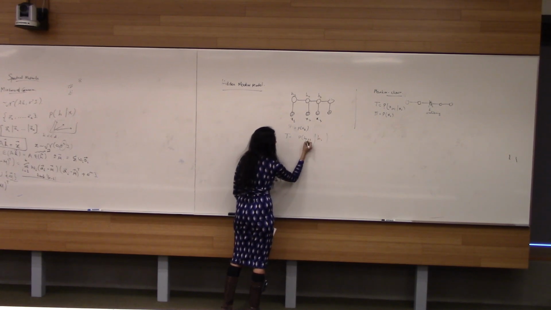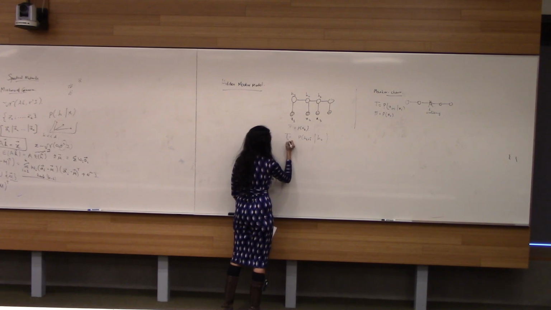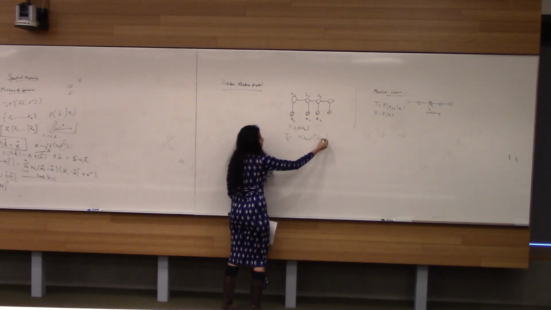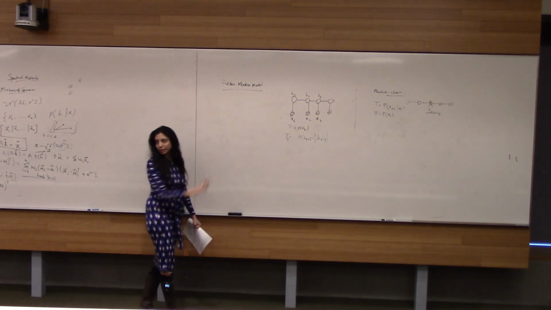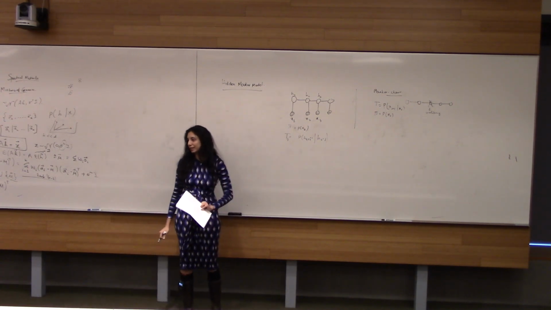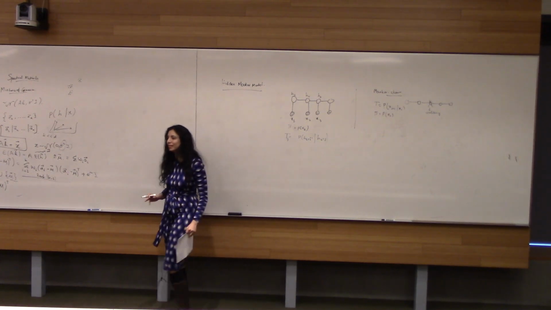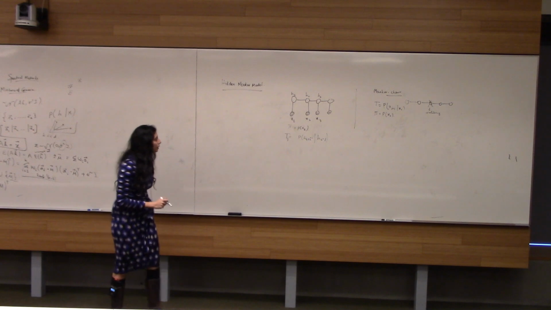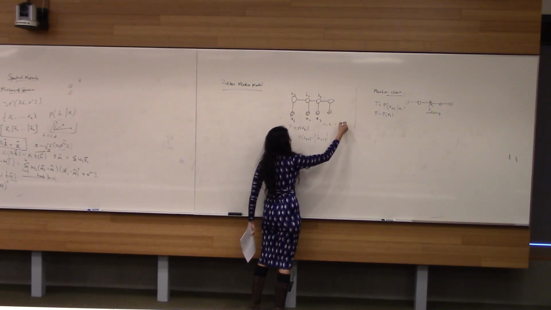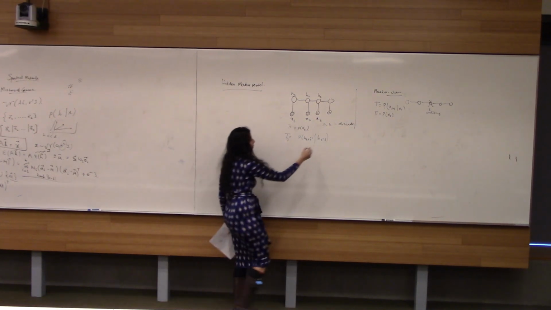Maybe I'll use T here for time. So let's say this is T_ij. I think this is i, this is j. Okay? We'll do discrete. This is all discrete random variables. Right? So both H and X are discrete in my setting. I mean, we can extend all of this, but for simplicity, let's do that. Okay, so let me just write down X, H are discrete. Okay, this is my transition matrix.